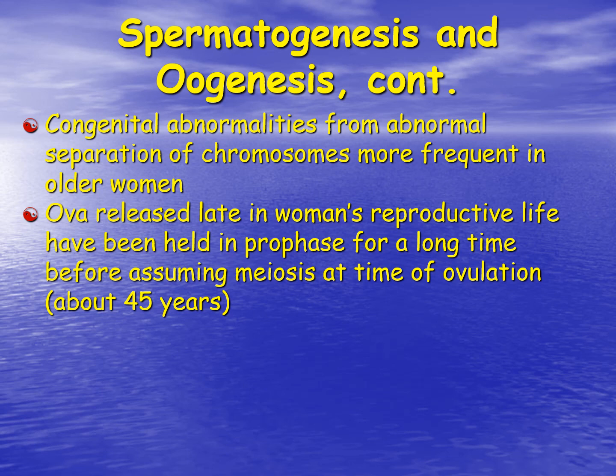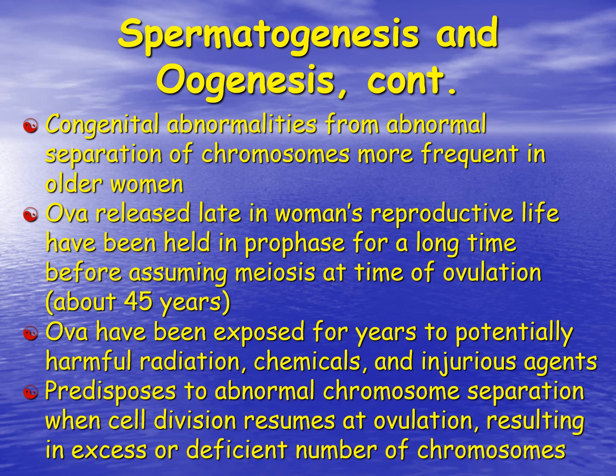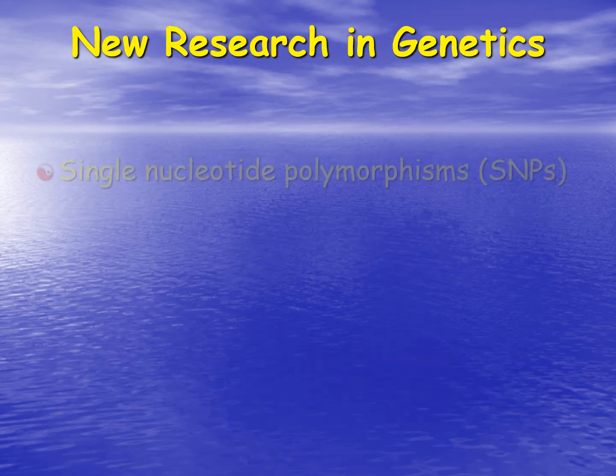The ova released later in a woman's reproductive life have been held in prophase for so long, usually anywhere from a few years to 45 years, that the ova have been exposed to years of potentially harmful radiation, chemicals, and other injurious agents that may have damaged the chromosomes. This predisposes to abnormal chromosome separation if and when the meiotic divisions occur, and this results in excess or deficient numbers of chromosomes, or the loss or addition of too many chromosomes.